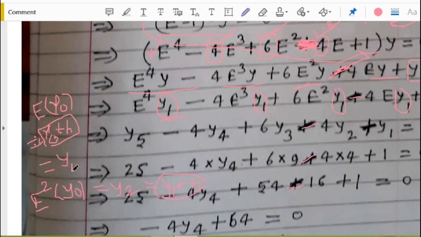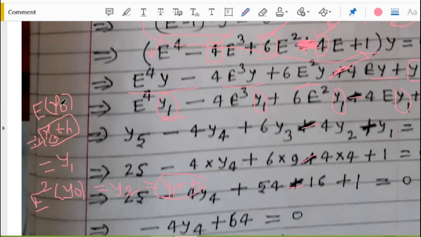So first time shift operator, you reached y1. Second time operator, you reached y2. Third time operator, y3. Fourth time operator, y4. But remember we started from y naught.